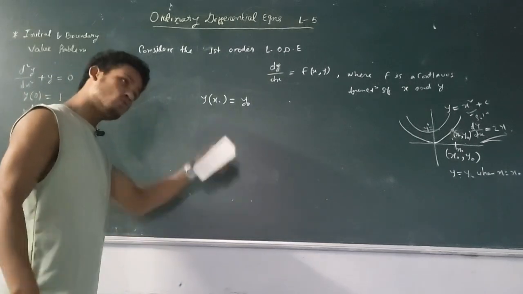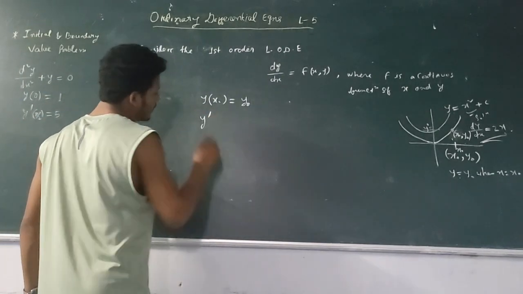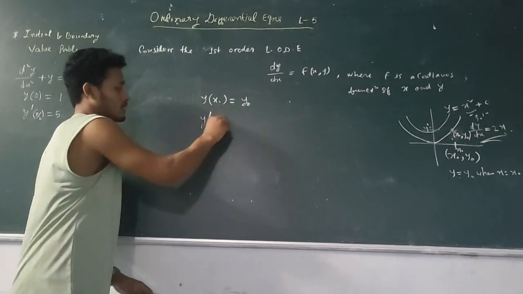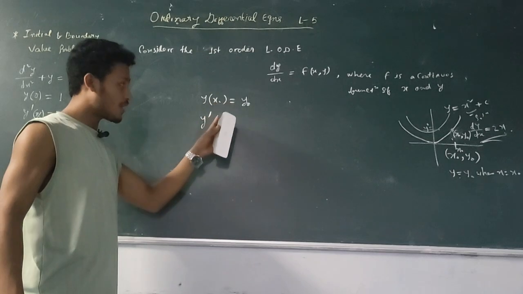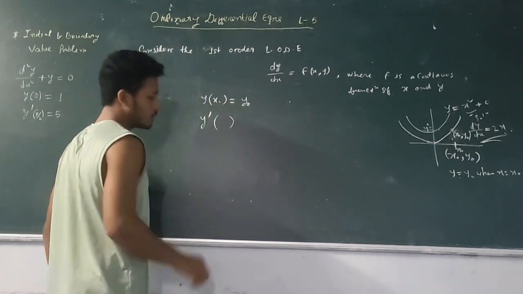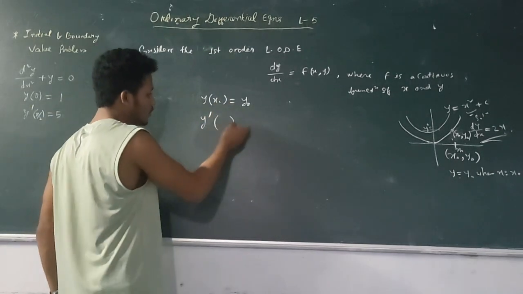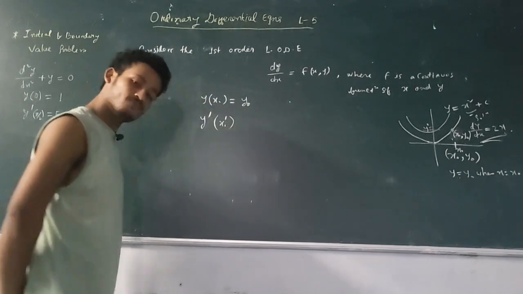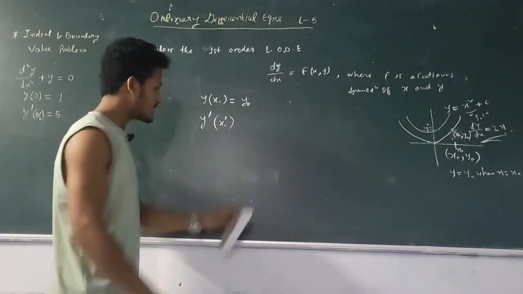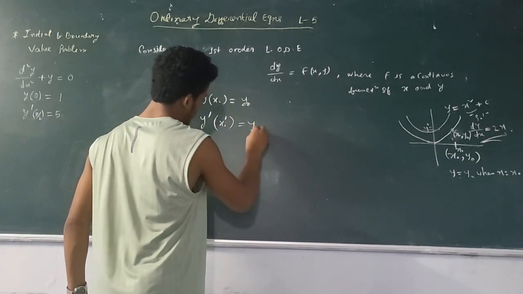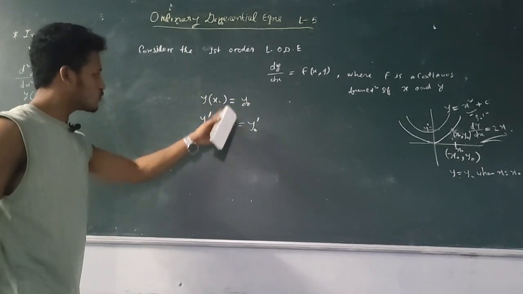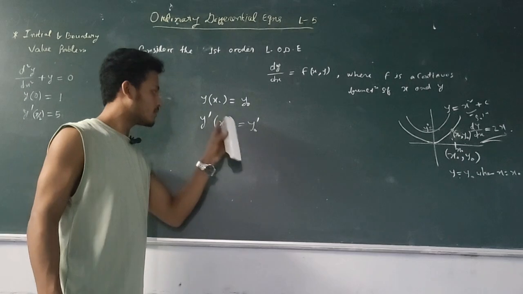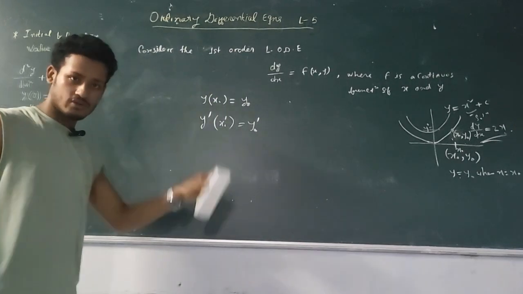One more condition may also be given after differentiating the function. After differentiating the function y, you put the value of x is equal to x naught dash, then you will get y naught dash. So these are two conditions at a point.